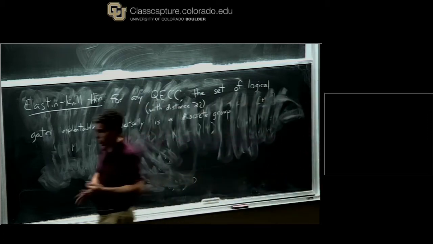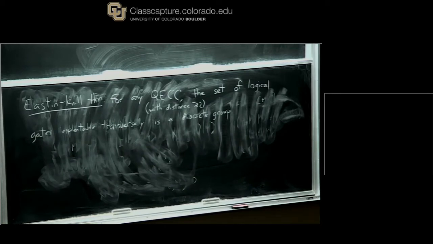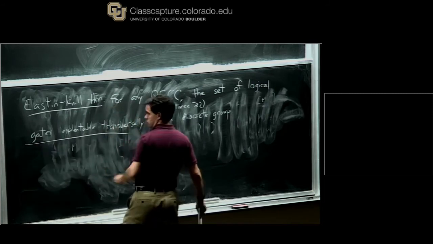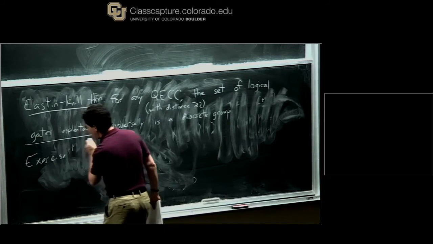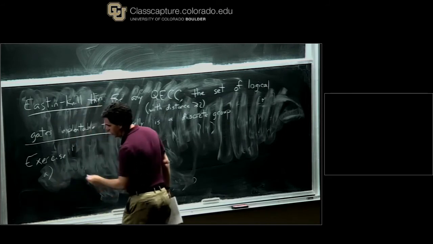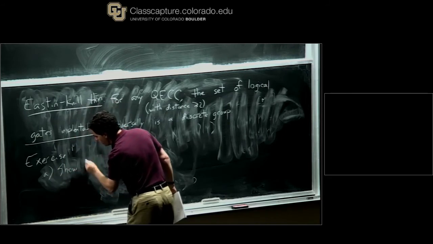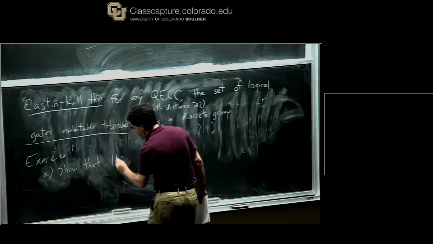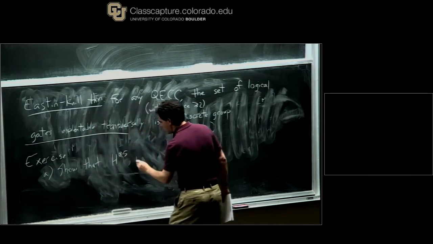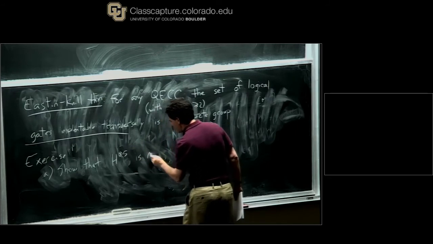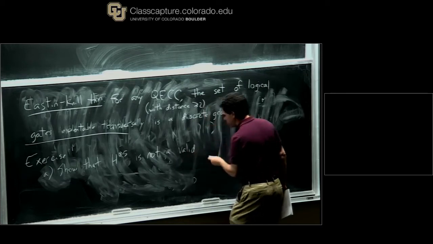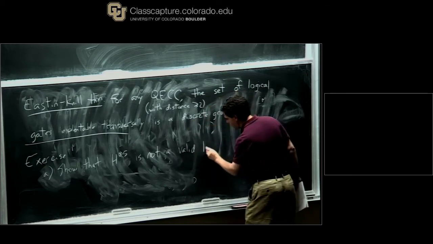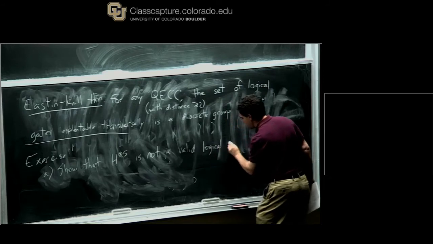Okay, so let me give you an exercise. There are 2 parts. The first is to show that the transversal Hadamard is not a valid logical gate for the 5-qubit code.